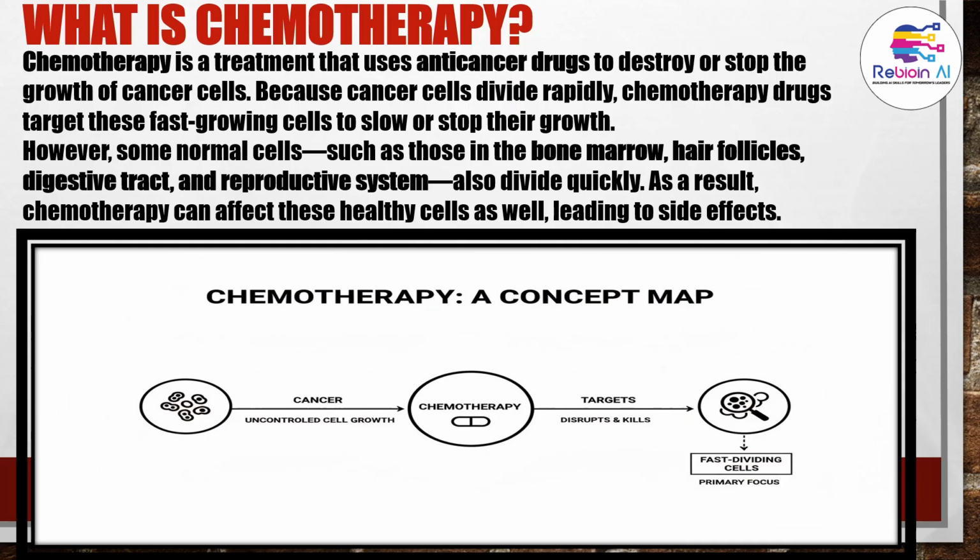These include cells in the bone marrow, hair follicles, digestive tract, and reproductive system. Because these healthy cells are also affected, patients may experience side effects such as hair loss, vomiting, fatigue, mouth sores, and loss of appetite.